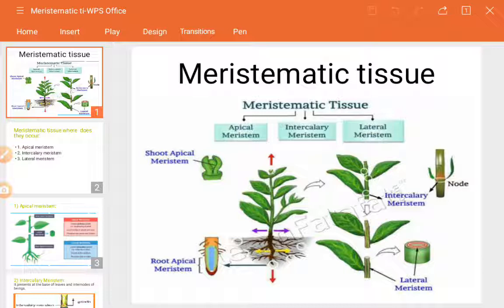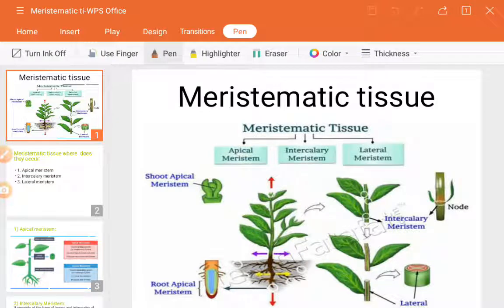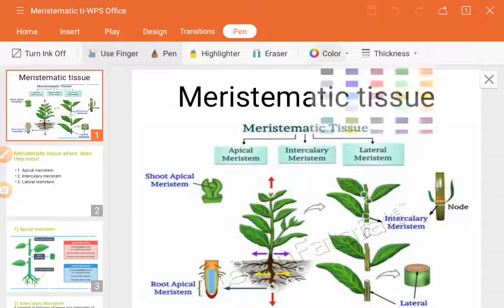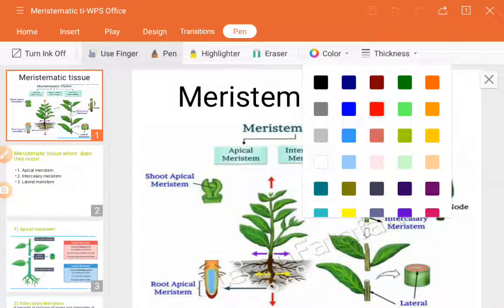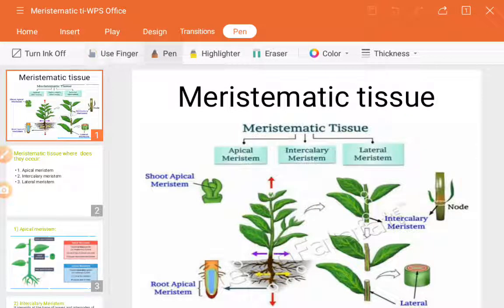In this picture you can see this is the portion. I can show you here. Here this is the apical. So this upper part is nothing but a tip.